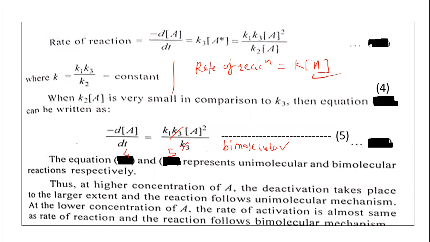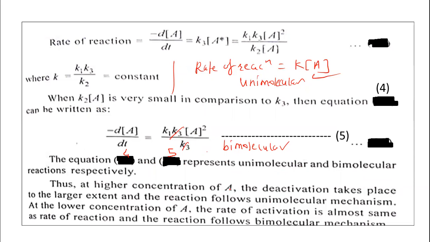So we can draw some conclusions from this. The equations 4 and 5 represent unimolecular and bimolecular reaction. Unimolecular means the rate of the reaction depends upon the concentration of only one reactant, and in the bimolecular case it depends upon the concentration of two A molecules.